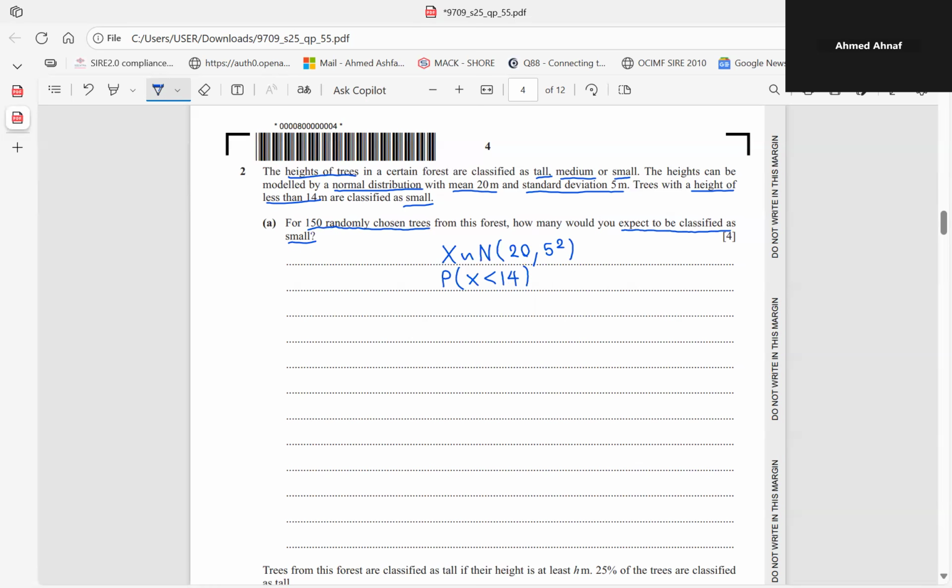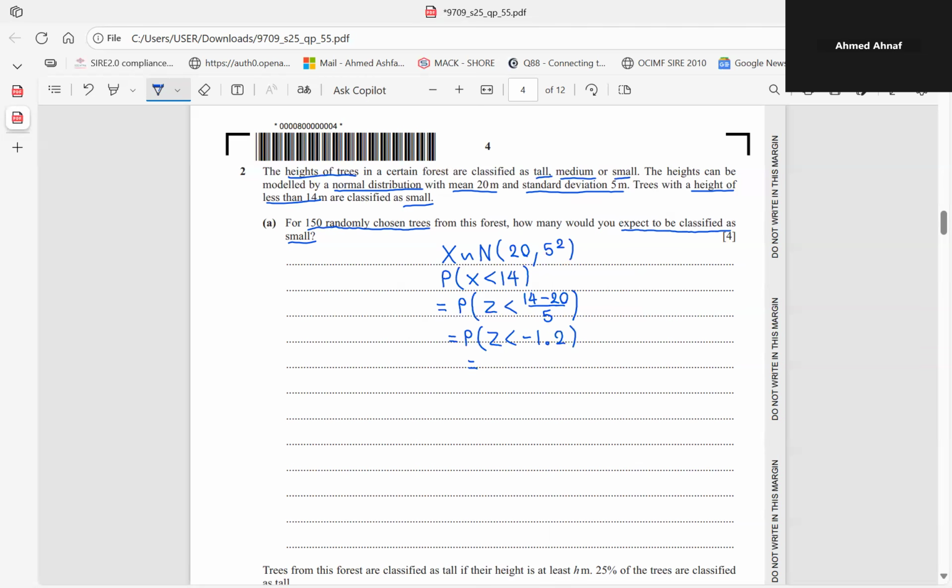And to find this probability, we first have to standardize this. Okay, so let's find the z-score. So z-score would just be the x value 14 minus mu, over the standard deviation. You will obviously get a negative value for this. 14 minus 20 divided by 5, you'll get minus 1.2.